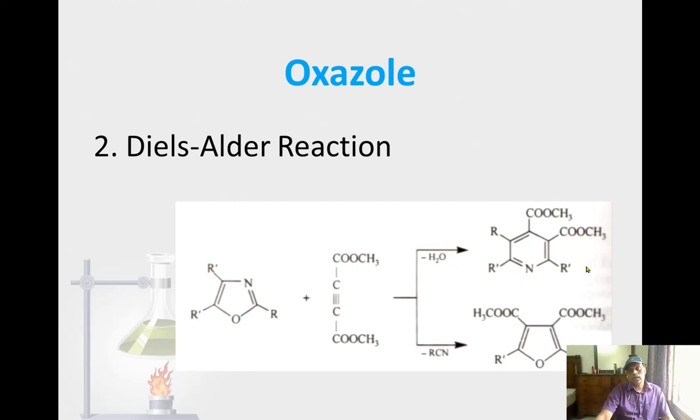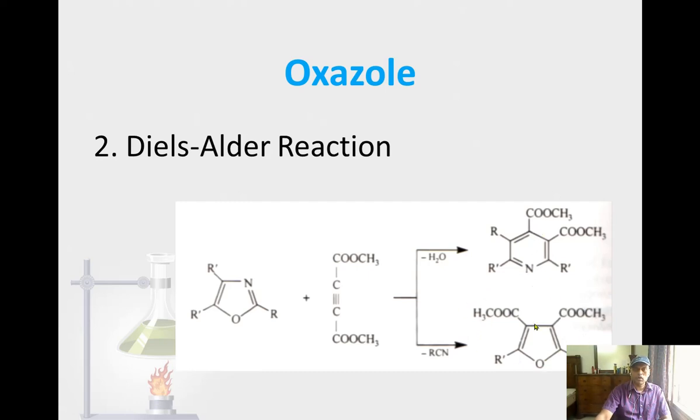Here dehydration is going to take place. In that dehydration reaction, you are going to get a derivative of pyridine. In the other case, the alkyl cyanide group is going to get removed, that moiety is removed, and you are going to get a furan, or the furan substitution.